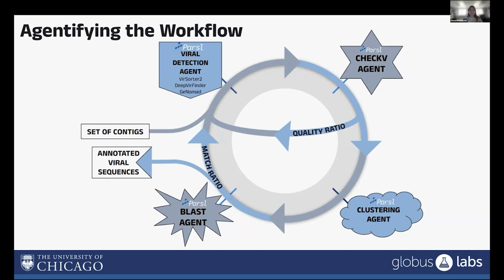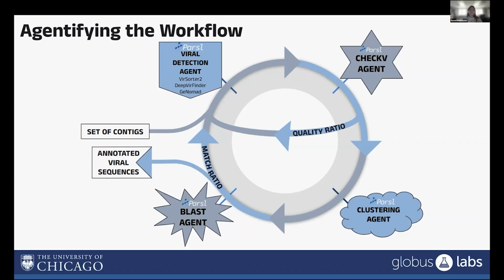And how this agentic version of the workflow works is that the CheckV agent, which checks for the quality of the viral findings, sends information back to the viral detection agent about how high quality its findings were. And the BLAST agent, which matches the viral findings to a database and collects annotation, sends a score back to the viral detection agent about how many viruses actually match to the database.